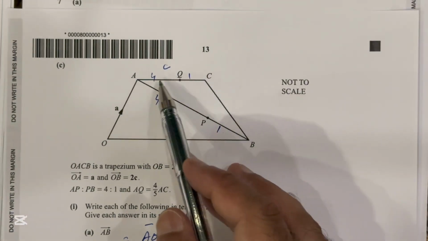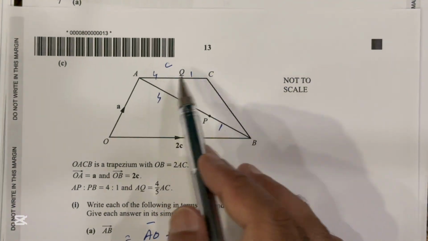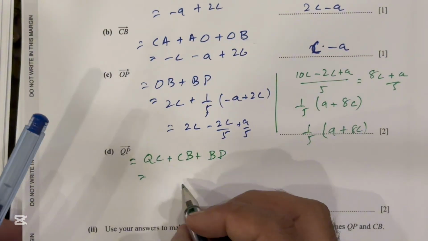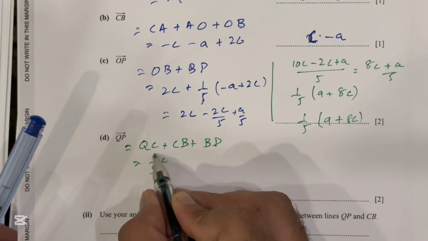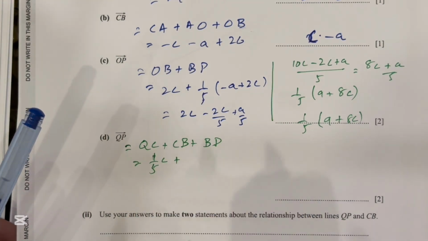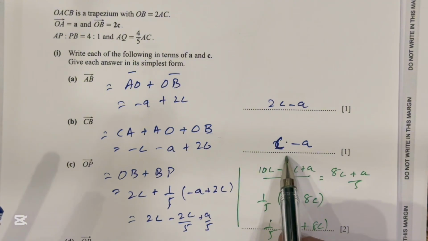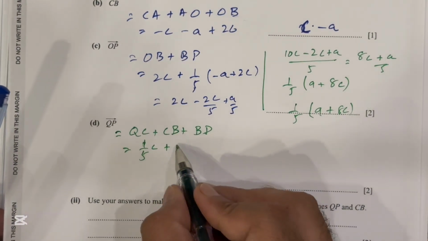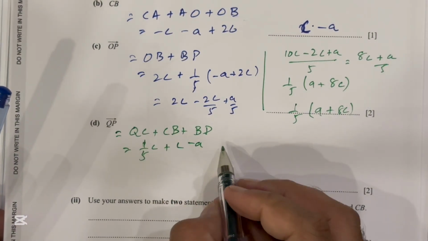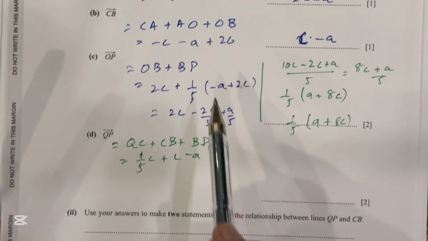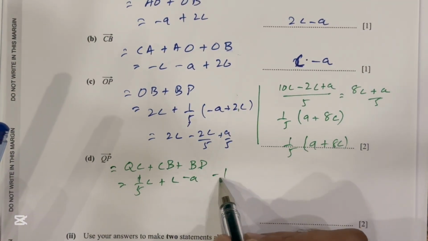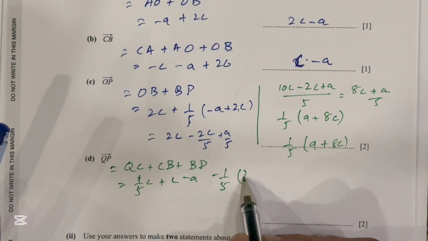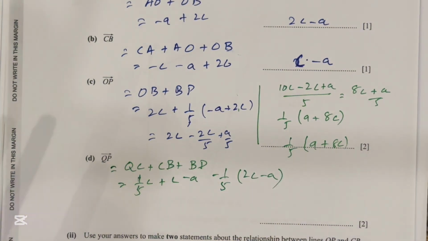QC is 1 by 5 of this whole shape, so 1 by 5 C. And what is CB? CB we have just calculated in the previous part, that is equal to C minus A. And BP we have also found in the above question, that was minus 1 by 5 of (2C minus A), or you can say minus 1/5 of (minus A plus 2C).